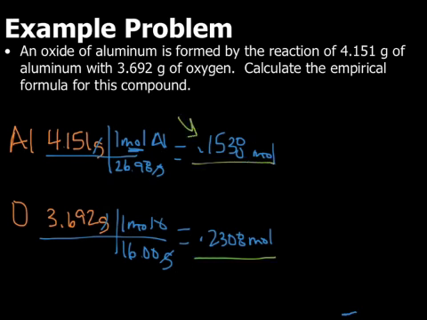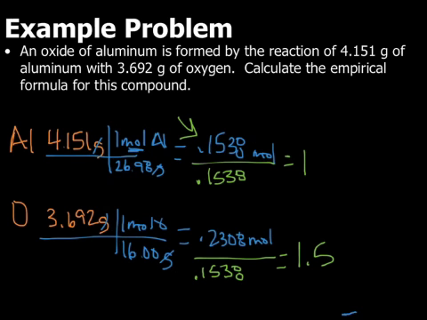So then my next step is going to be to divide by the smallest. So in this case, aluminum's my smallest, so I'm going to divide by 0.1538. That gives me 1. And then for this one, divide by the same thing. But this time I get 1.5. Okay, now this number here, if you don't end up with something 0.1 or something 0.9, then you have to multiply by some number to get a whole number.